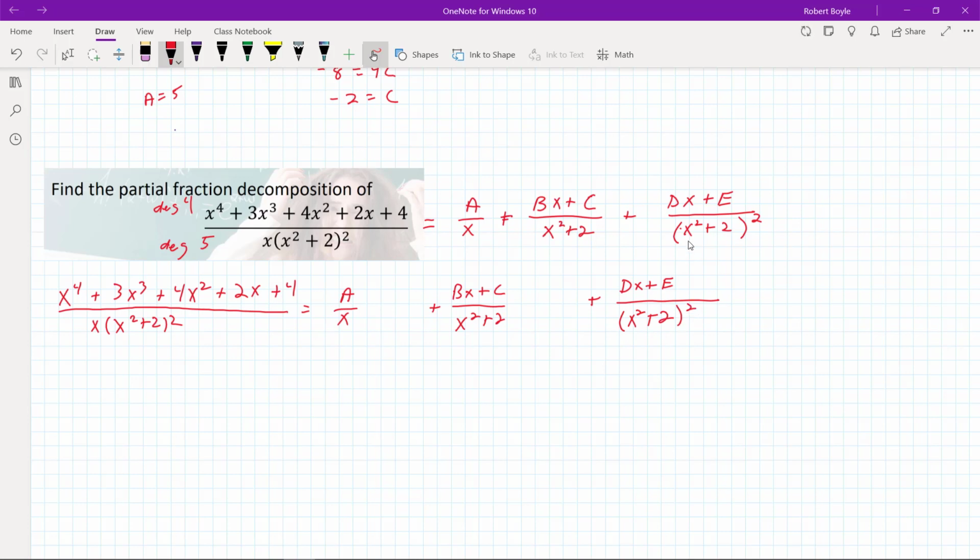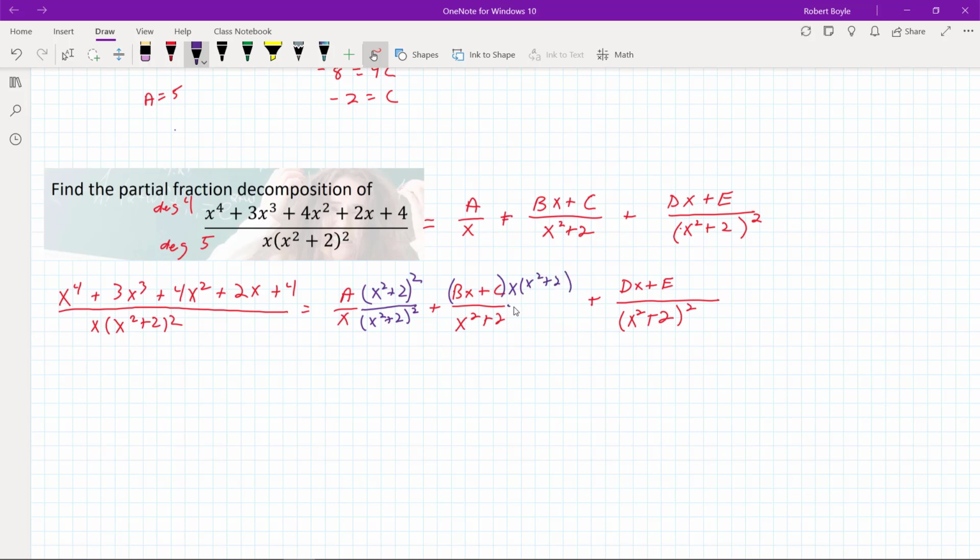Okay, so the first thing we want to do, as before, is to create a common denominator. And we can do that by multiplying this term by x squared plus 2, the entire thing squared, both top and bottom. Now for this one, we want to multiply this by x times x squared plus 2.